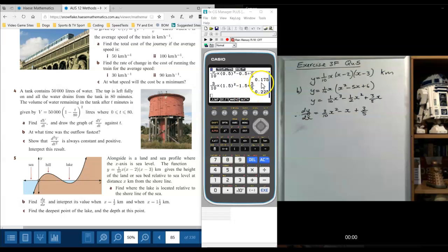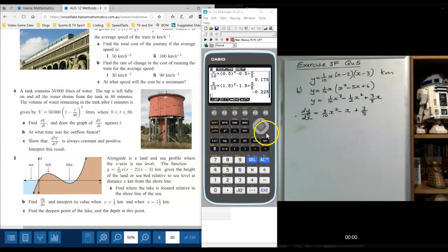So what you're getting there is the slope here, and the 0.175 is the slope here of the hill, and then the negative will be on this side, about 1.5. So that's how to answer that question.